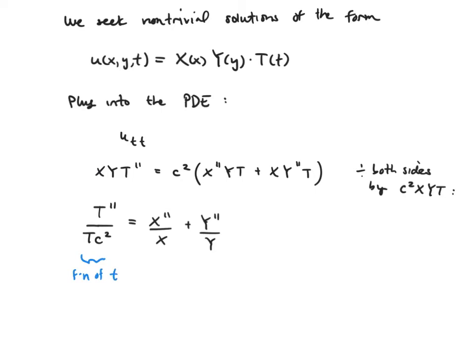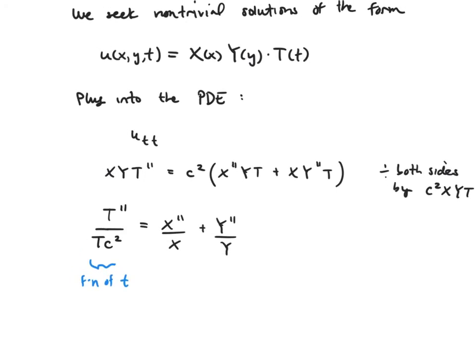Function of time, T. Not a function of time. Okay, it's a function of x and y. And if they're equal to one another, of course, they must equal at most a constant. So I'm going to introduce our good old friend lambda, the separation constant.